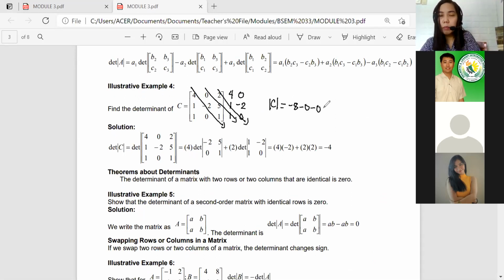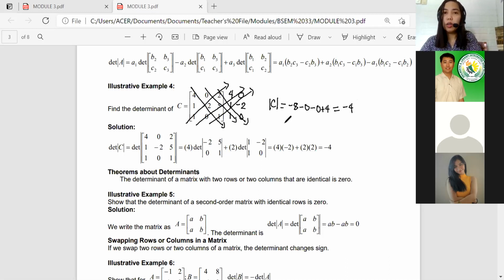Minus lagi ng pataas. So this is 1 times negative 2 times 2, it's negative 4 times negative, kasi minus minus times negative 4. So it becomes positive 4. And this is also 0, and this is also 0. Okay, so when we simplify it, negative 8 plus 4, it's still negative 4.